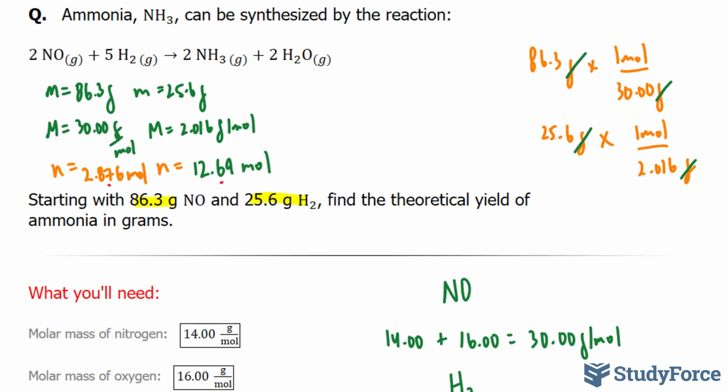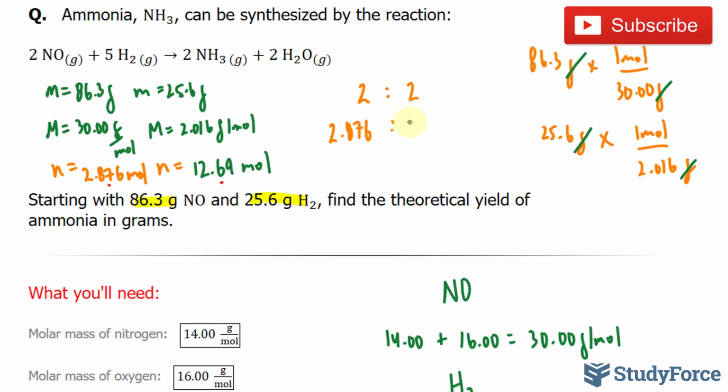Because there is a 2 to 2 ratio, the number of moles of NH3 will be identical to 2.876. I mean, think about it. Let's pretend that you had a ratio, 2 to 2. And underneath this 2, I wrote down 2.876, and I wanted to find the equivalent moles of NH3. Cross-multiplying would give me the exact same number, 2.876.